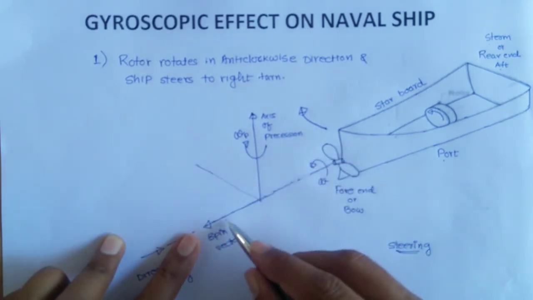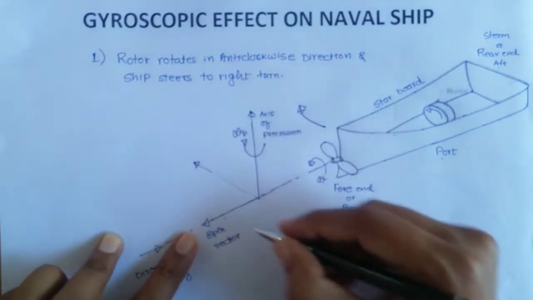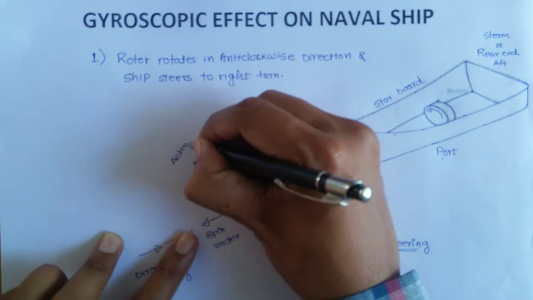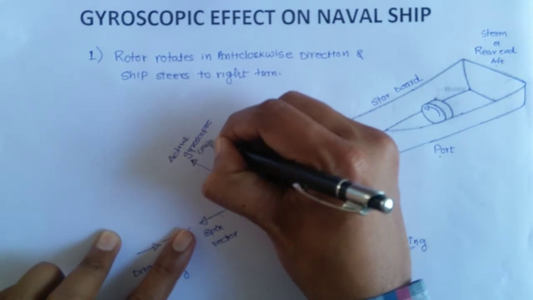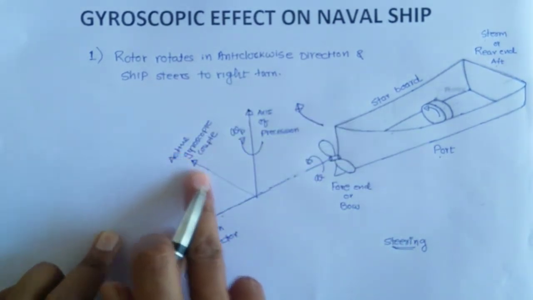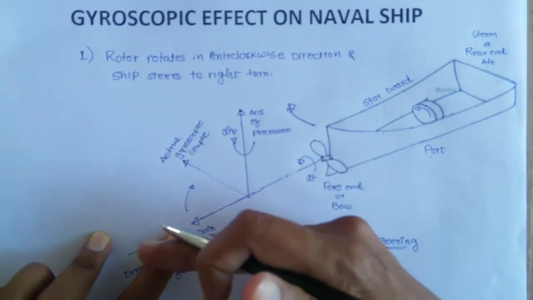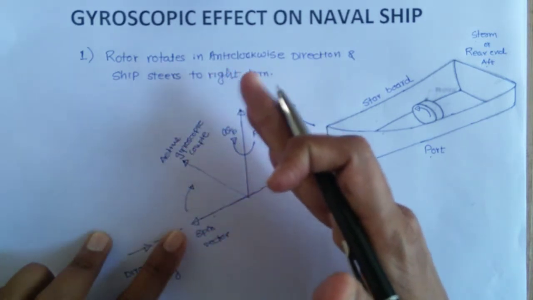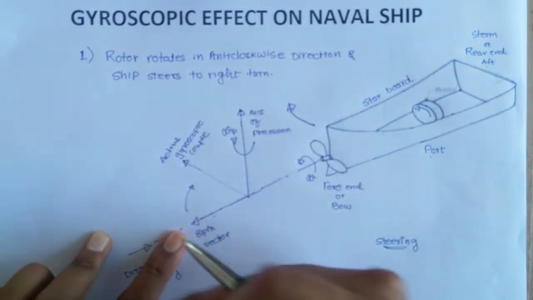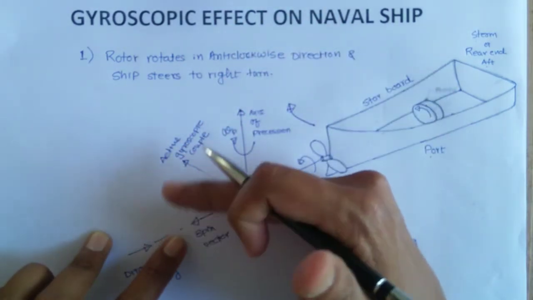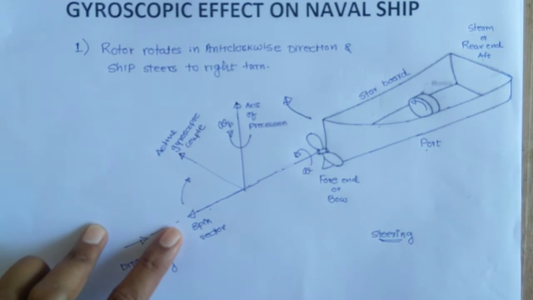If we rotate the spin vector through 90 degrees, we get the vector of the active gyroscopic couple, because we have rotated the spin vector through 90 degrees in the direction of rotation of the ship. So we rotate the spin vector in this direction because our ship is taking a turn towards the right.